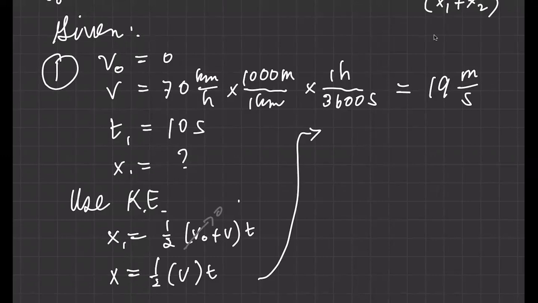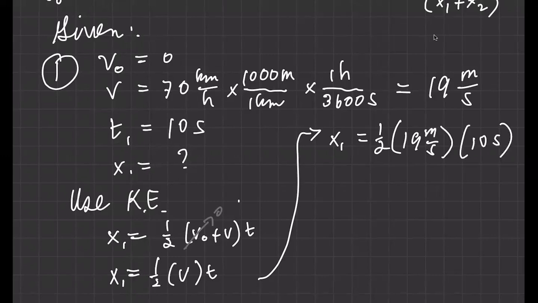This is x1. x1 is equal to 1/2 times final velocity, 19 meters per second, times the time, which is 10 seconds. So here you can see that you can cancel the second. You will be left with meter.